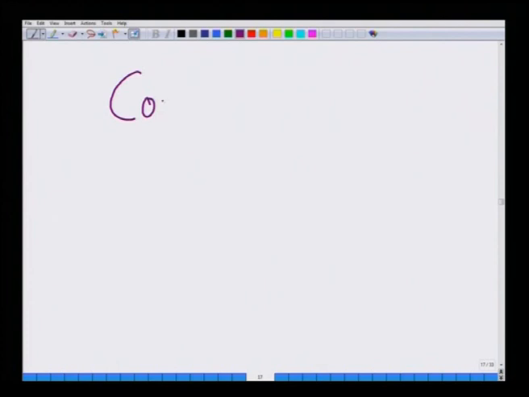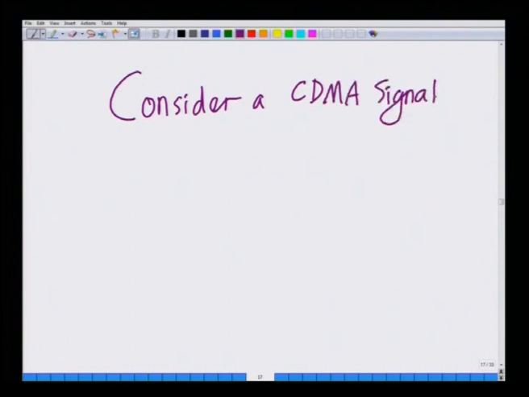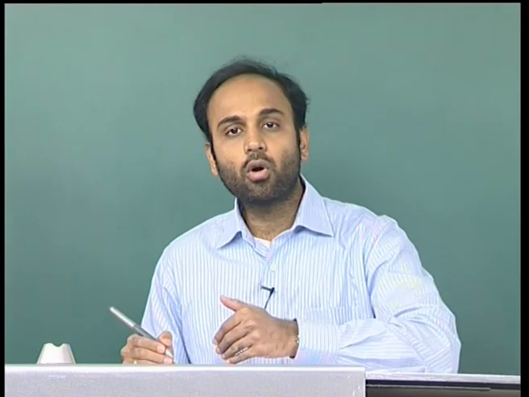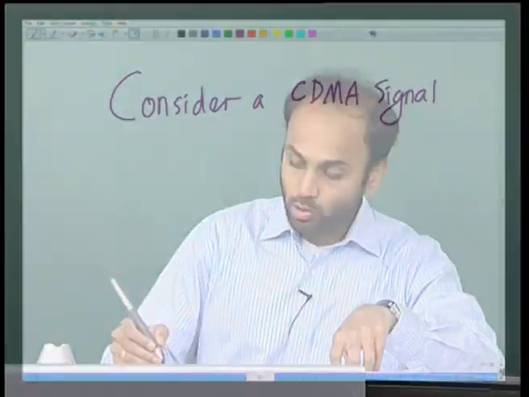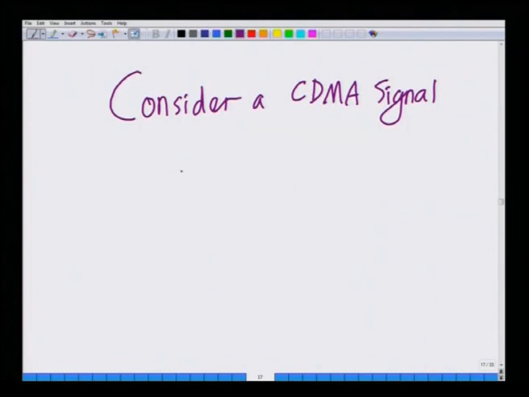A CDMA signal, remember, is given by multiplying the symbol of the user with the code of that user. I will consider a user 0. So, x[m] is the CDMA signal, which is S0, the symbol of user 0, times the code of user 0.